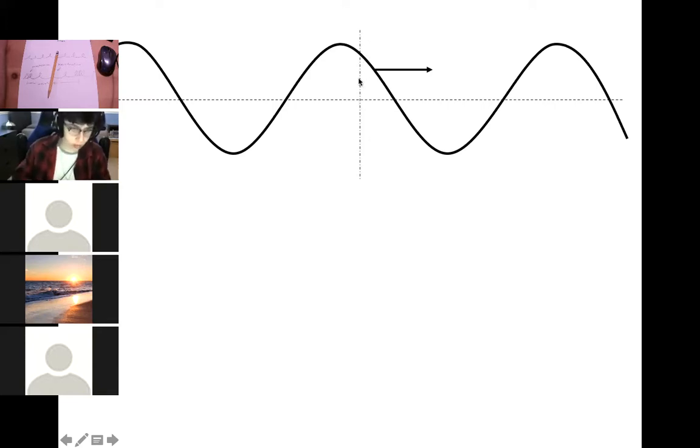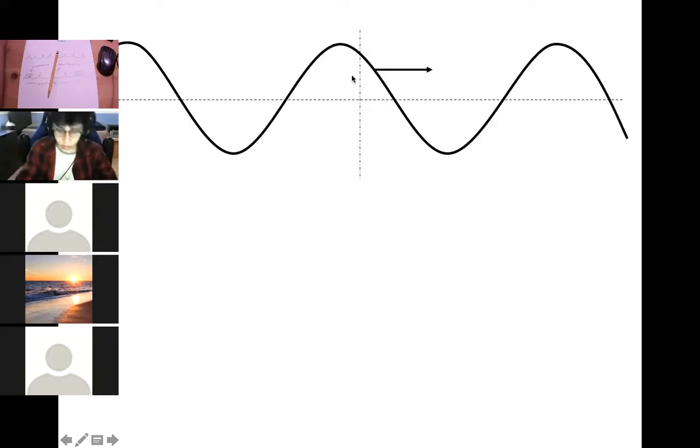Now, every time the bobber goes up and down once, that represents one wave coming through. One wave, one crest to push it up, one trough to pull it down. So one up and down is one wave passing through the location of the bobber. So if it goes up and down 20 times in 10 seconds, that means there are 20 waves that pass through that spot in 10 seconds.